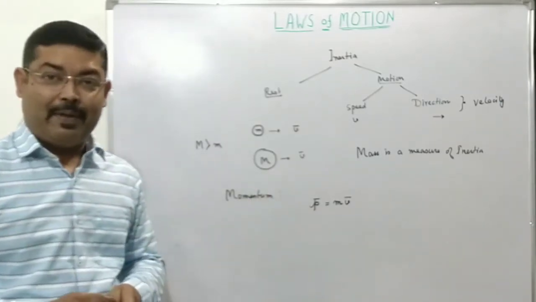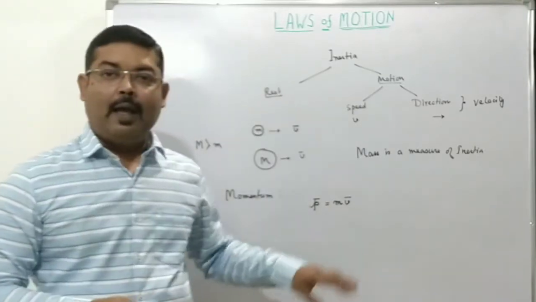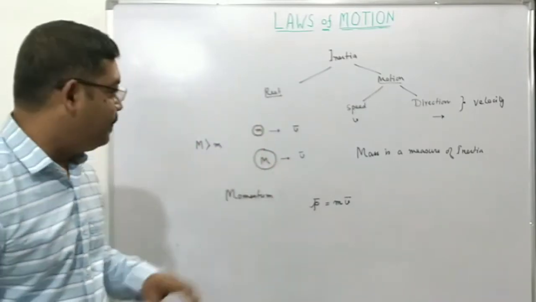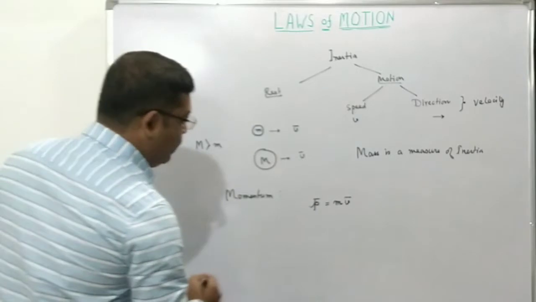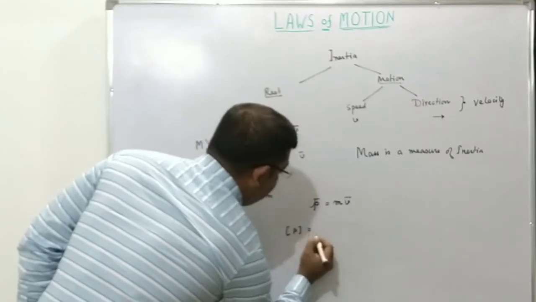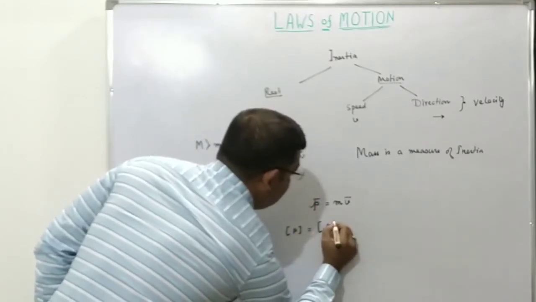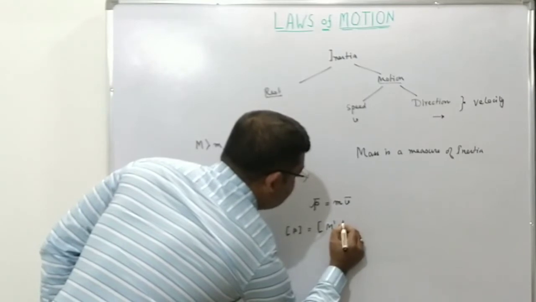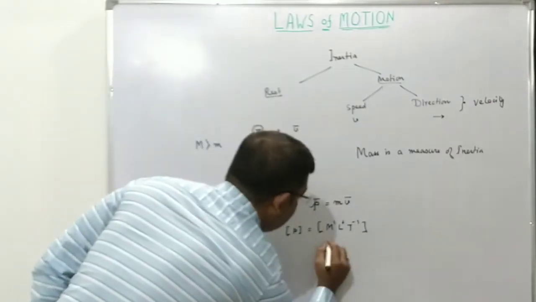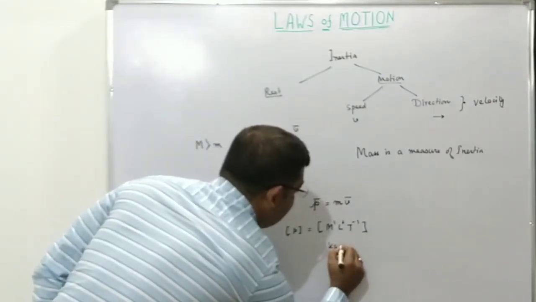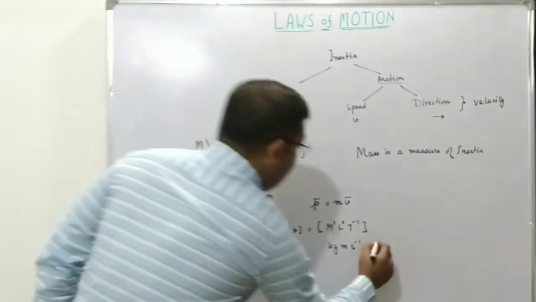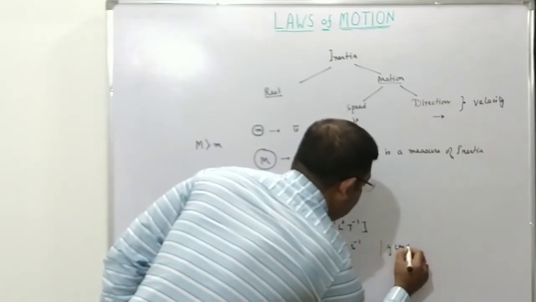So momentum is mathematically the product of mass and velocity of the object, and it's nothing but a measure of the amount of motion that is carried by the object. Now, if you look at this equation, we can say that the dimensions of momentum will be dimension of mass multiplied by dimension of velocity, and its unit in SI will be kg meter per second, and in CGS it will be gram centimeter per second.